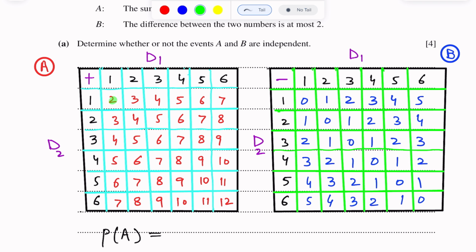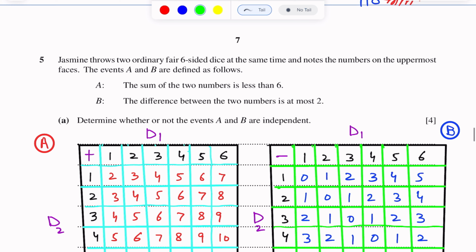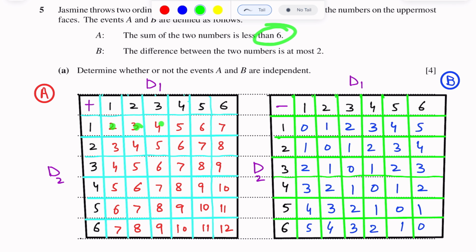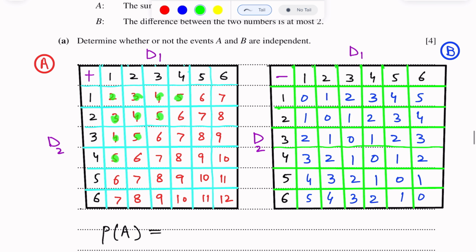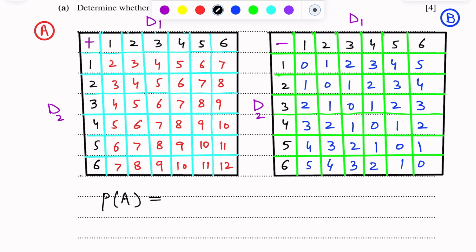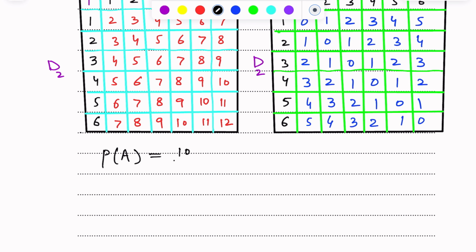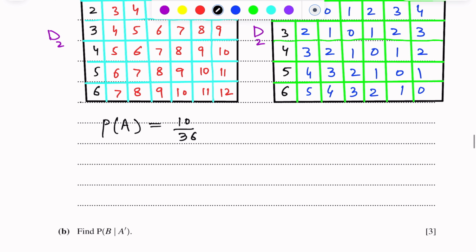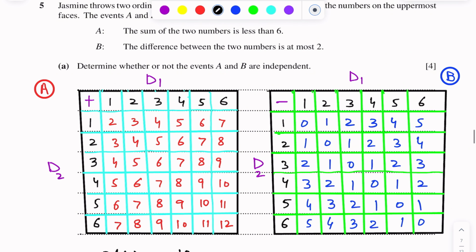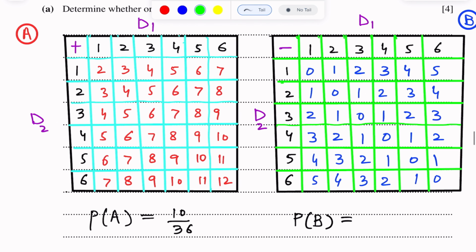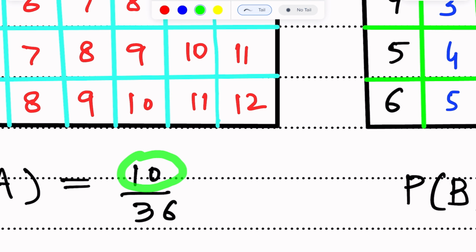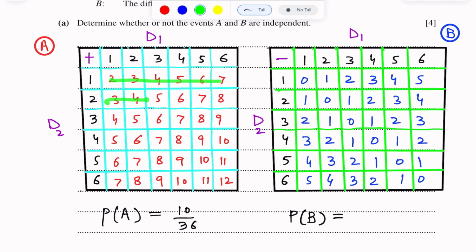So the outcomes with sum less than 6 are: 1, 2, 3, 4, 5, 6, 7, 8, 9, 10. So probability of event A is 10 over 36. Here 10 is the successful outcomes and the total outcomes are 36.